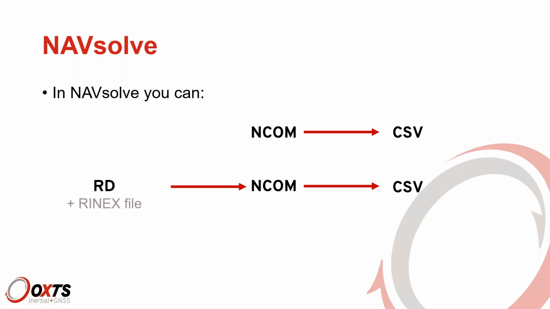So I'm just going to go over the main functionality here. In NavSolve, you have two options. You can either take a live logged NCOM file that you've logged during a test, select the specific measurements you're interested in from that NCOM file, and convert them into a CSV file format.